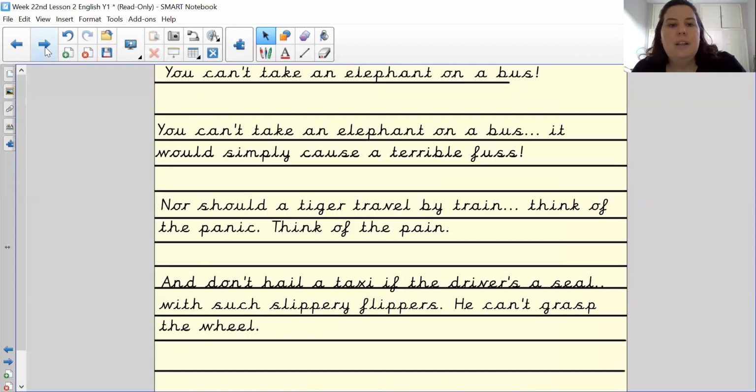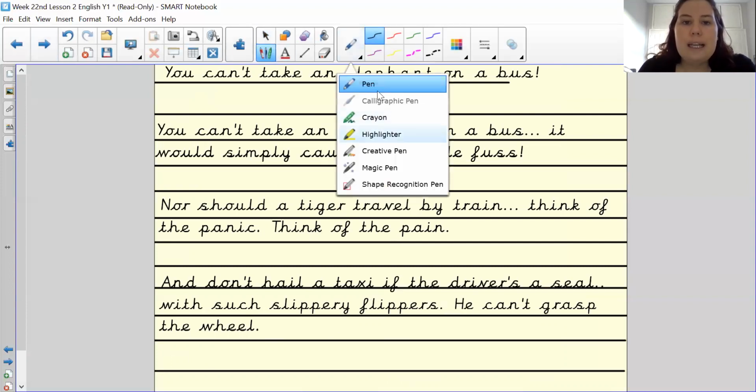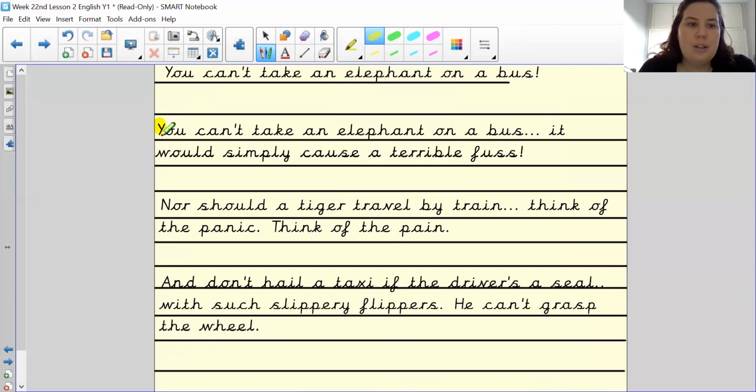Okay, so yesterday you can now double check and tick and fix your work against the work on the screen from yesterday. So have you remembered to use your capital letters? So your capital letters should be at the beginning of your sentences. And I've highlighted some of them for you, okay?